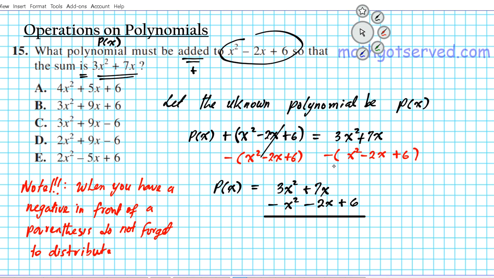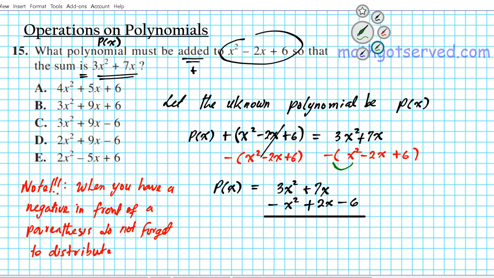So if you distribute this minus, this is the mistake most students make. They just drop the parentheses. If you distribute this minus, this term becomes negative. This negative 2x, guess what, becomes positive, and then the last sign there becomes negative, okay? So it's very important, don't forget to distribute the sign.